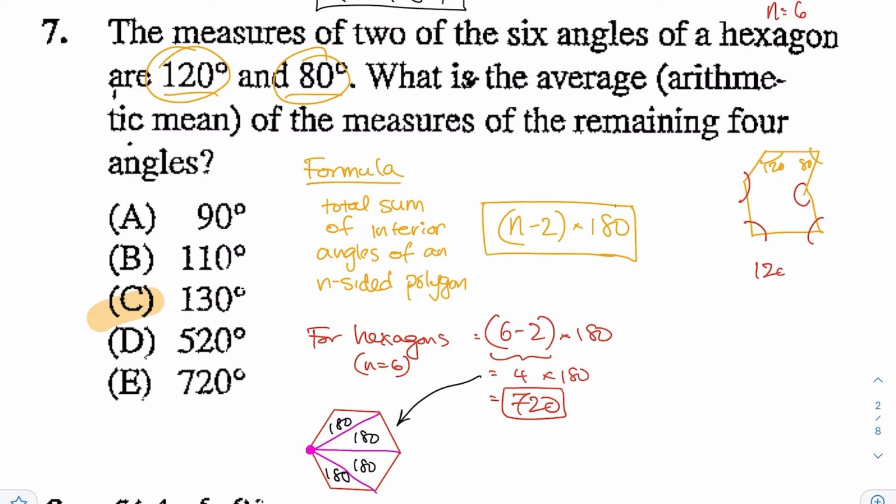Well, 120 plus 80 happens to be 200. And the total has to be 720. So minus that 200 that you already have, it's going to be 520. So that 520 represents the remaining 4 angles.